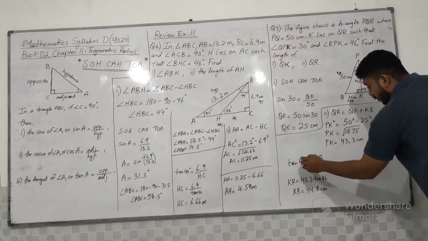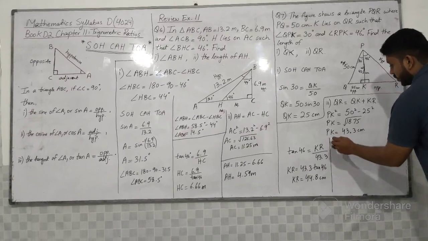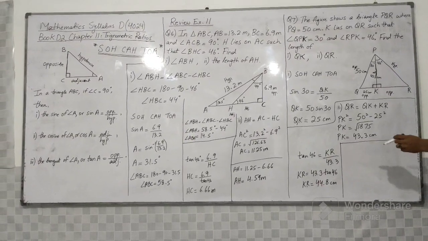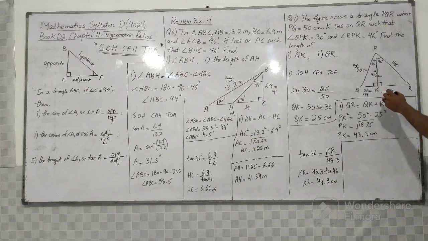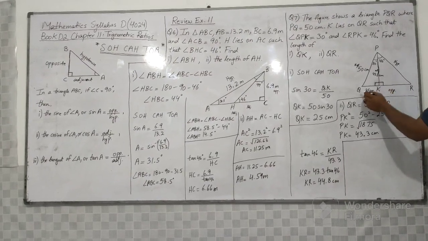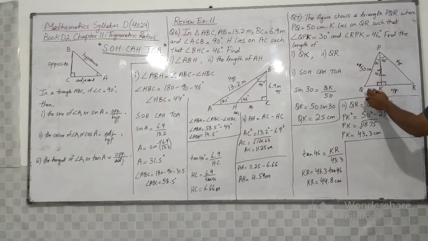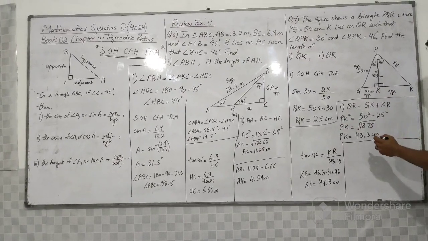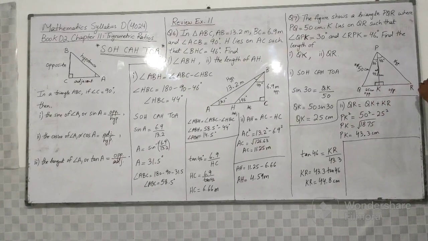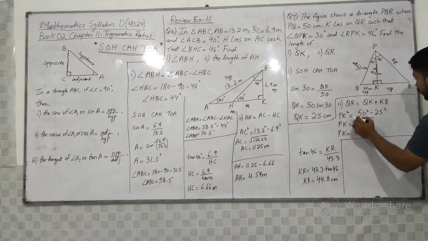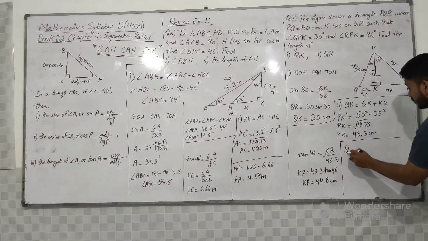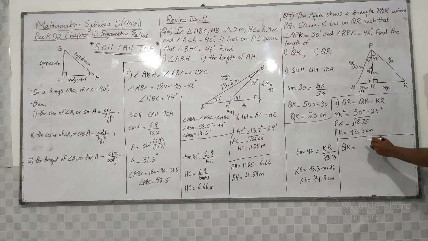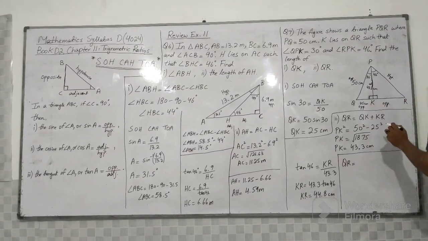Okay, so moving to the final part of this question. Now you have KR here. We have already found the length of QK in the first part. So just add these two lengths now. So QR equals QK plus KR.